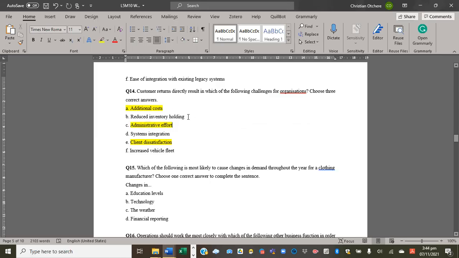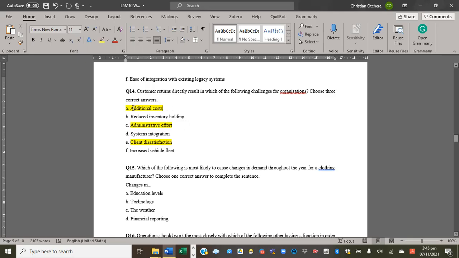So reduced inventory holding. It doesn't, when customers are returning the goods, does it? It rather increases. Then systems integration. Yes, it's not a challenge, really. Increased vehicle fleet. So you are able to increase the number of vehicles you use to collect these returned products or items by customers.